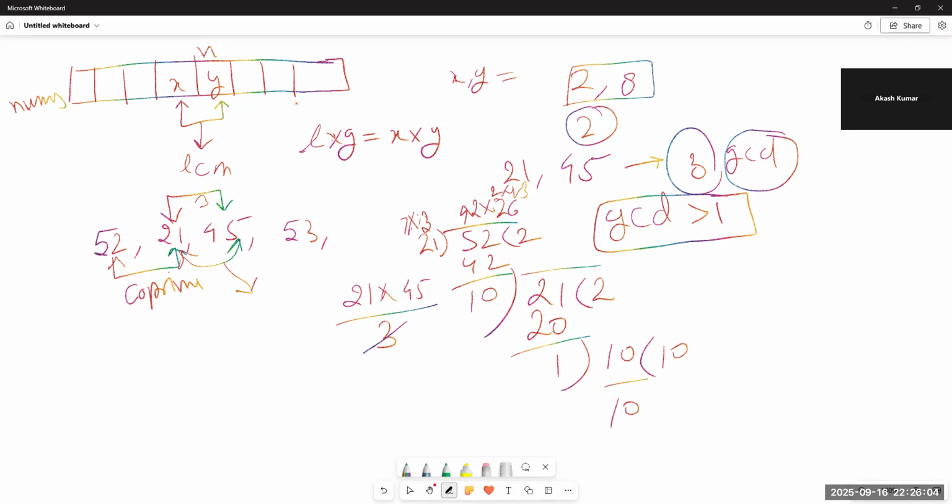So the LCM is 315. And now we have found this new number, so we need to check the GCD again.